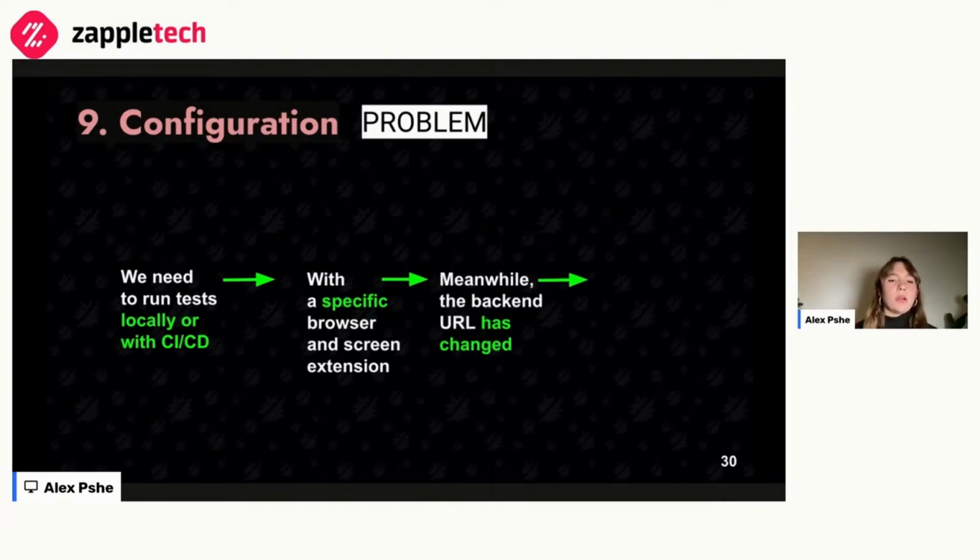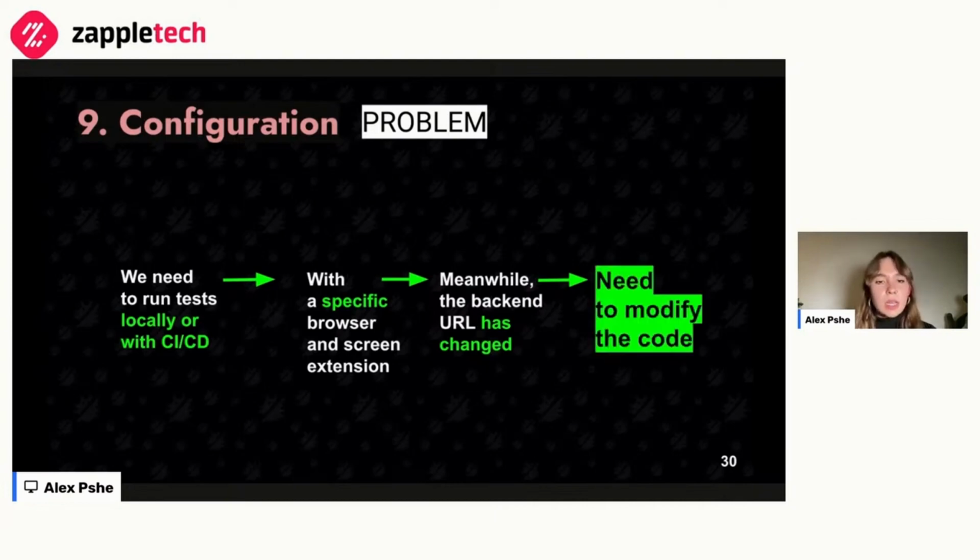Or, for example, our backend URL is different on different test stands or on a review app. Review app is when you deploy your project directly from a commit. So as a result, we must modify the code to support all these types of launching our tests. And it's a problem, because it's also not a scalable solution.